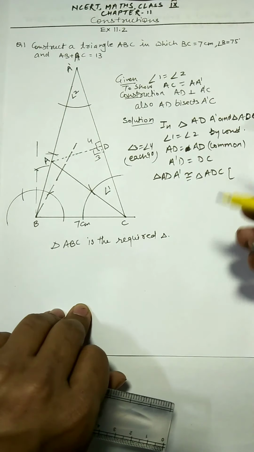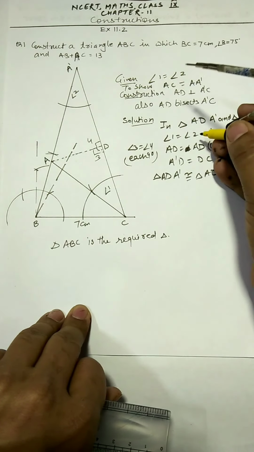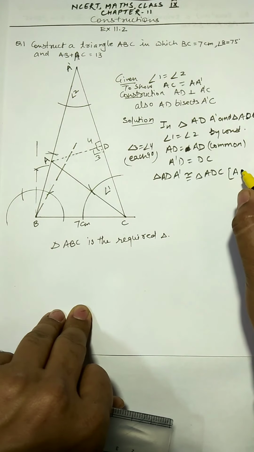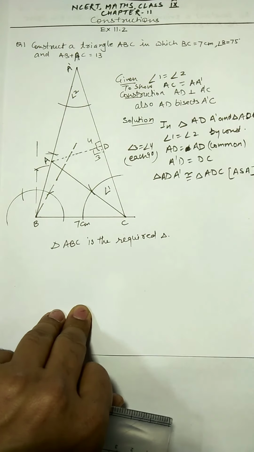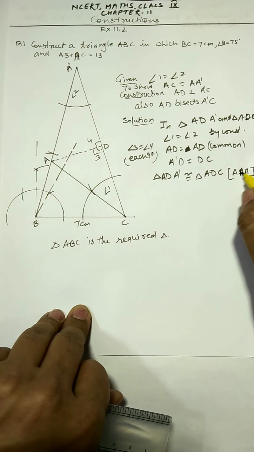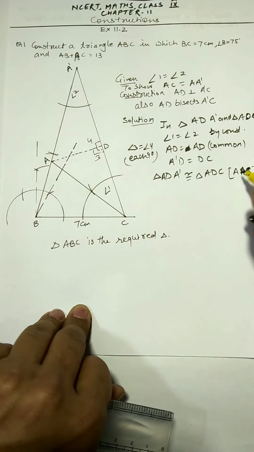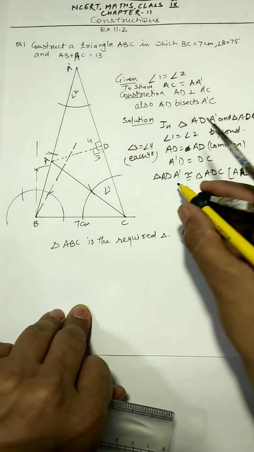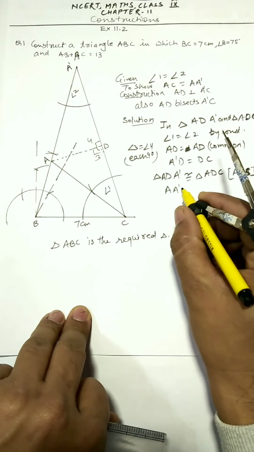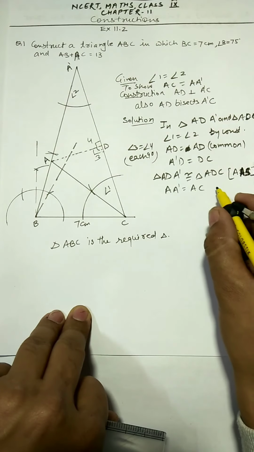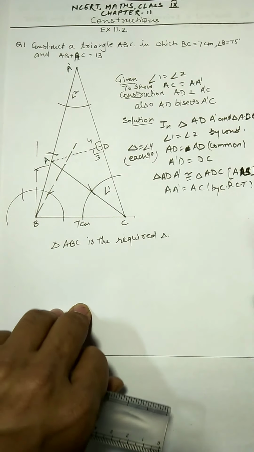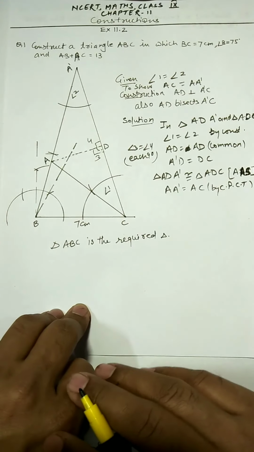This way we have got an angle, and one side is common. So this is the angle side angle criterion. We have shown that these two triangles are congruent, and AA dash will be equal to AC by CPCT. So this is the reason behind this type of construction.